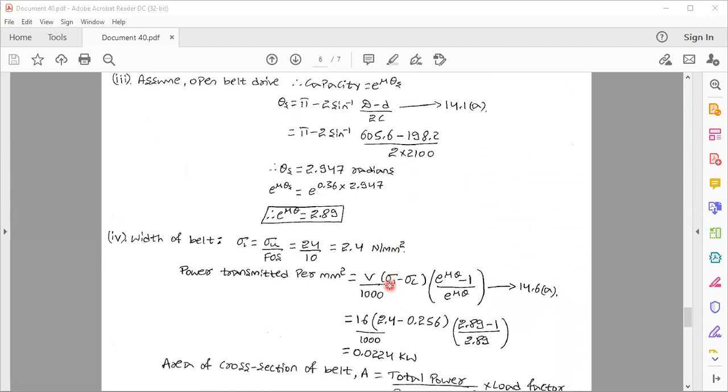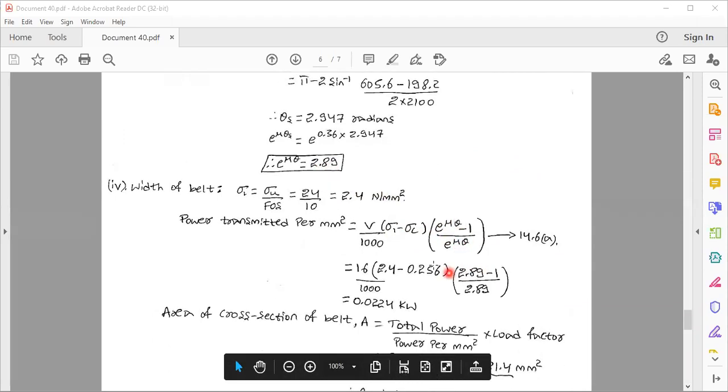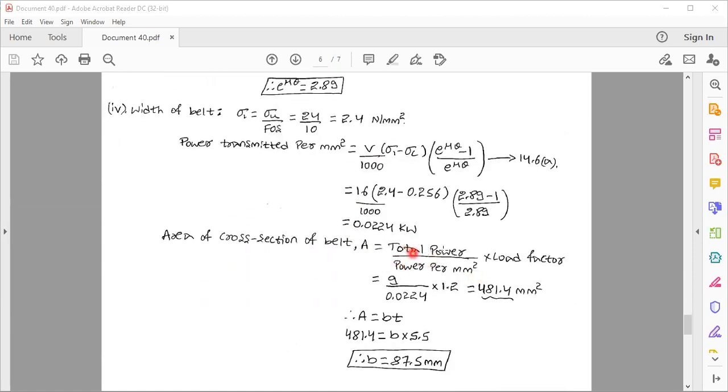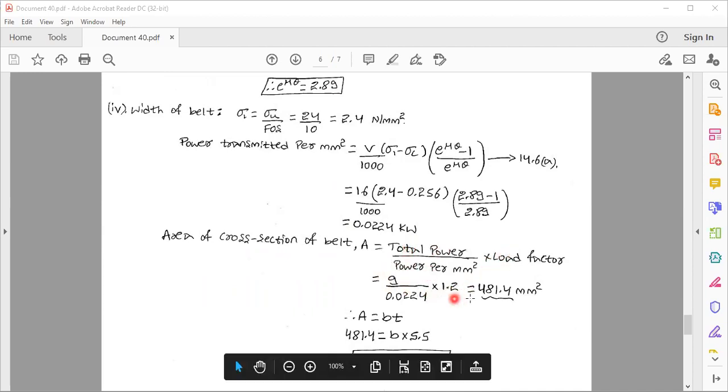Substitute that. E raised to mu theta is 2.89. Substitute the values, and from this you will get the power transmitted per mm square. Total power is given as 9 kilowatt. Substitute that. Load factor is 1.2. From this, the cross-sectional area I'm going to get as 481.4 mm square.